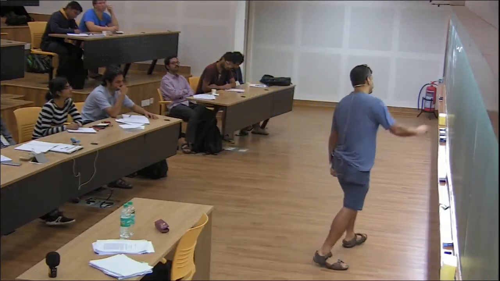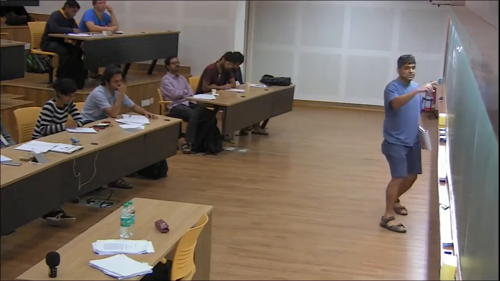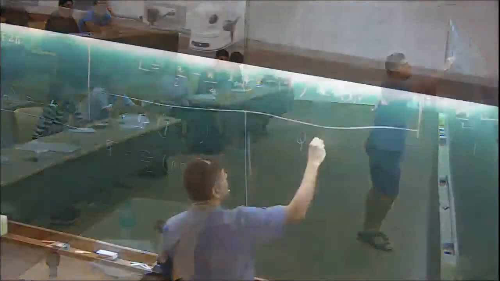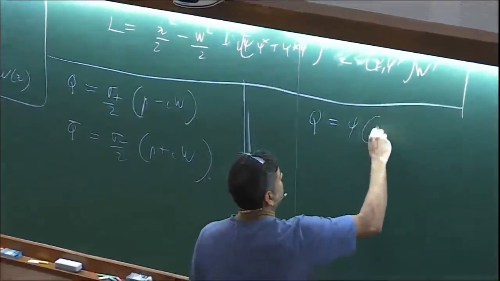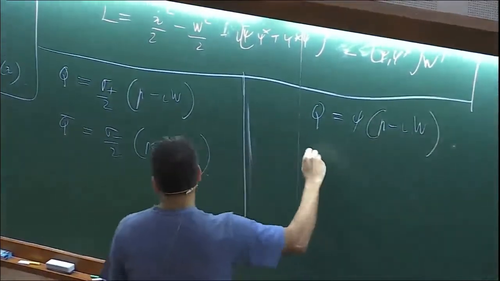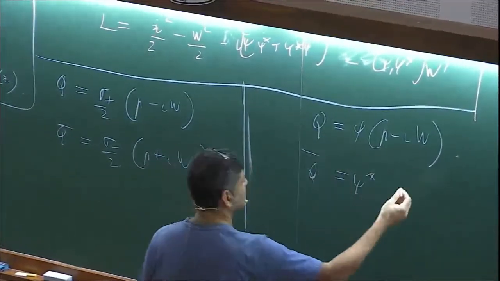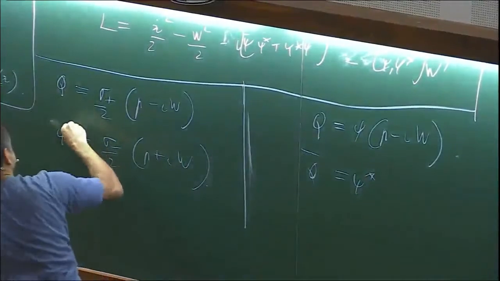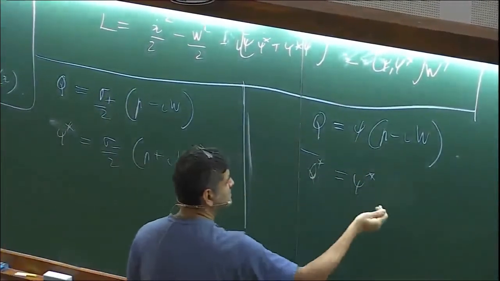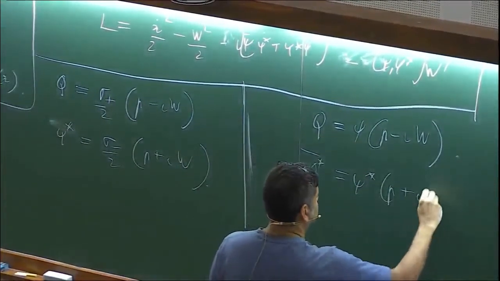Okay, so if we wanted to write down this supercharge in the language of psi and psi star, that's simply Q equal to psi (p minus i omega), and Q star equal to psi star (p plus i omega).